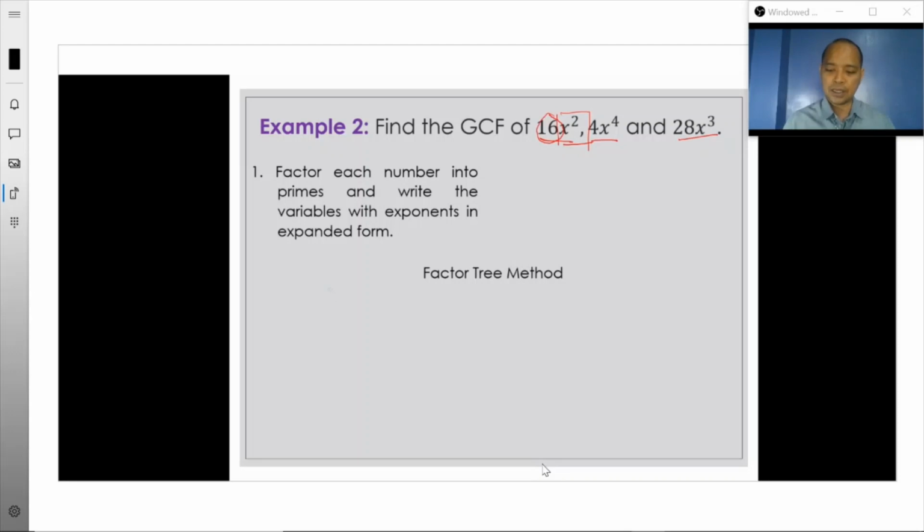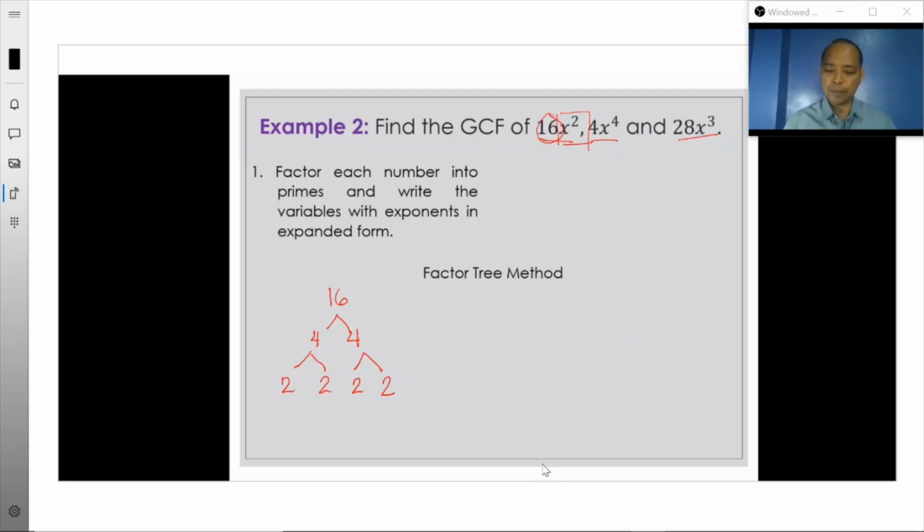So 16, we decompose it into its factors, and one pair of factors for 16 would be 4 and 4. 4 times 4. We further decompose these numbers because they are not yet prime numbers. 4 can be decomposed as 2 times 2, and this 4 is also 2 times 2.